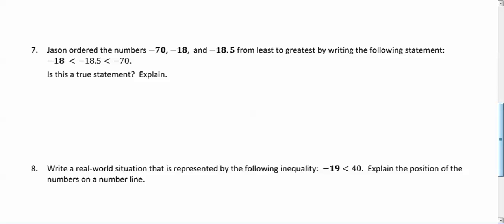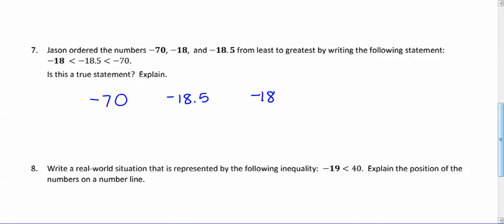What is the lowest number there, everyone? Negative 70. Very good. Leave a space for our inequality sign. What would be next? And the largest is negative 18. Very good. If we're going from least to greatest, what symbol are we going to use between each of these?